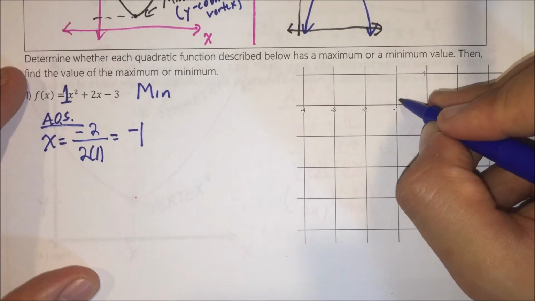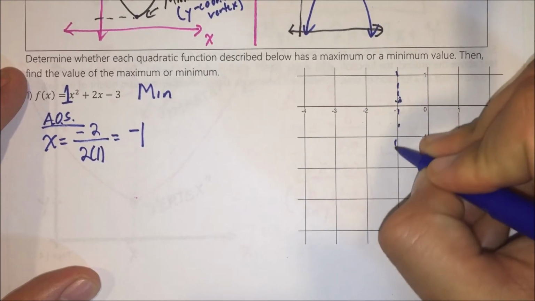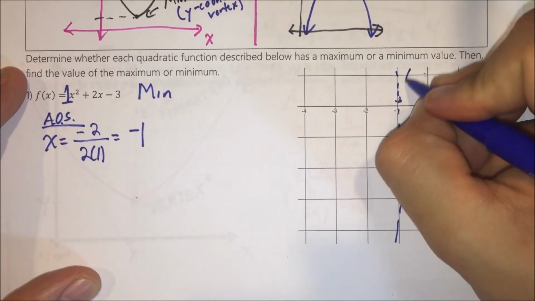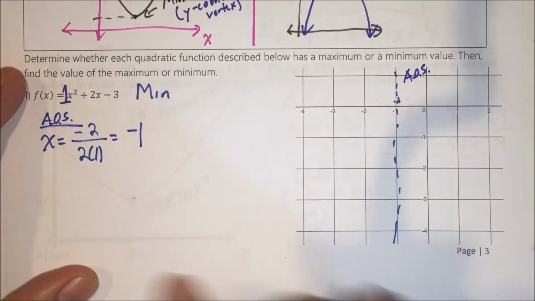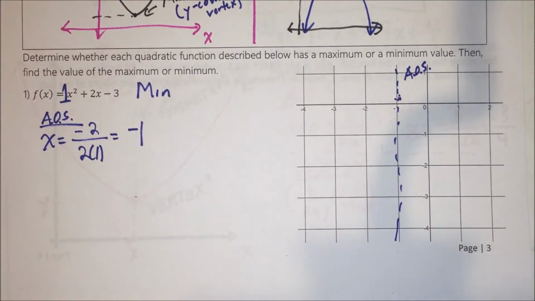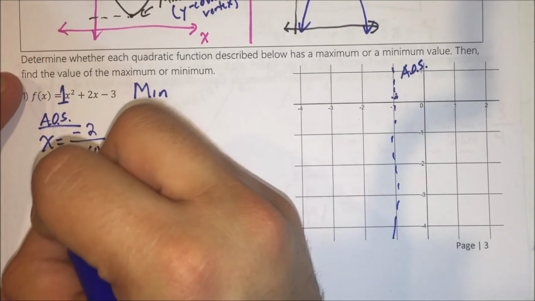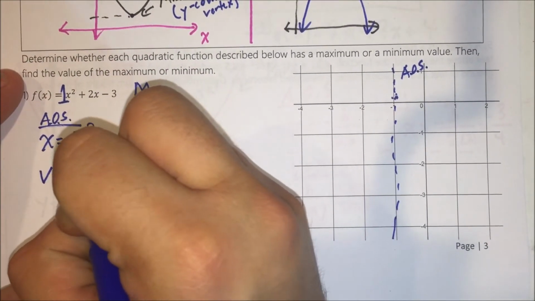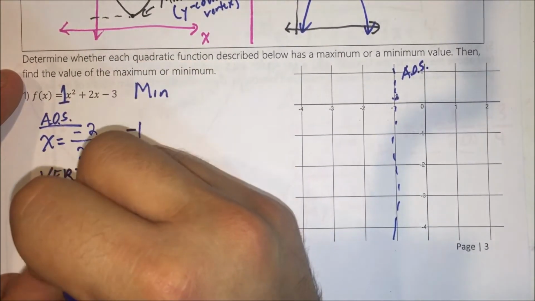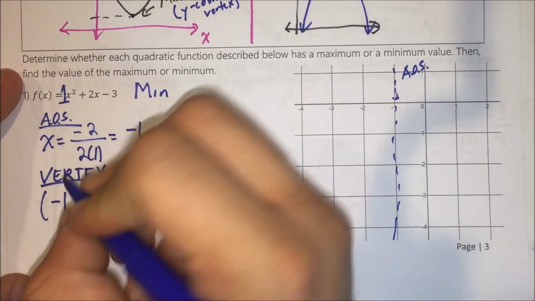I'm going to actually draw this one out here. That's our axis of symmetry. You might notice this is familiar. For the vertex, we already know the x-coordinate is negative 1.